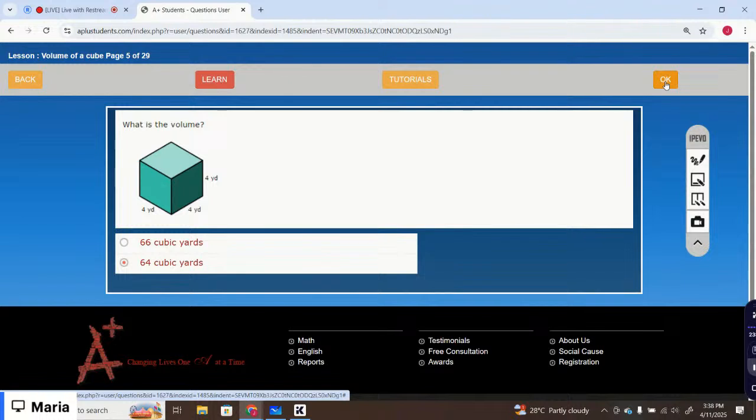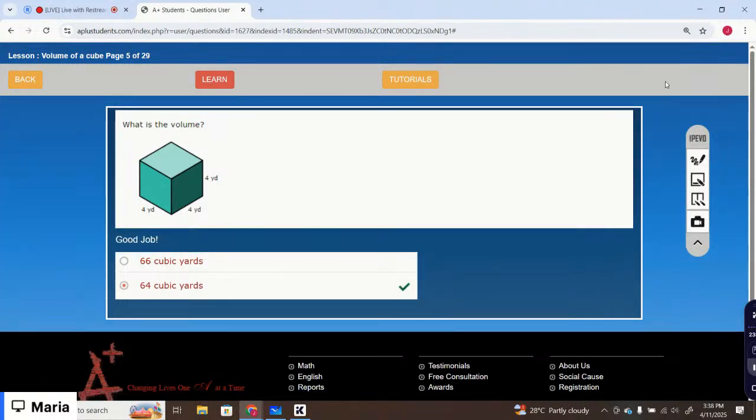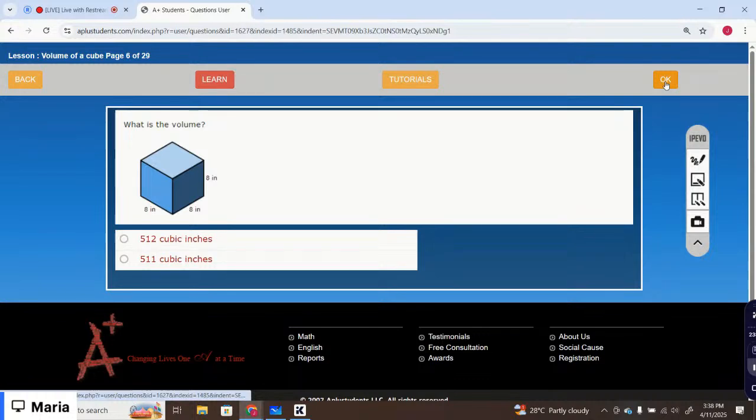What is the volume? 8 times 8 times 8. So which is the correct option? That is 512 cubic inches.